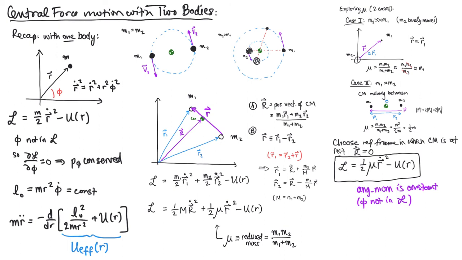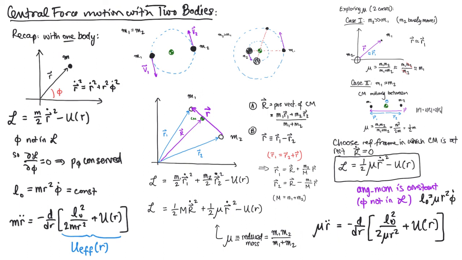So we know that we're going to have, instead of m r double dot, mu r double dot is equal to minus d/dr of the angular momentum squared over 2 mu r squared plus U of r. Okay, and this L naught term, just as it was before, is the angular momentum, mu r squared phi dot, and it's a constant.